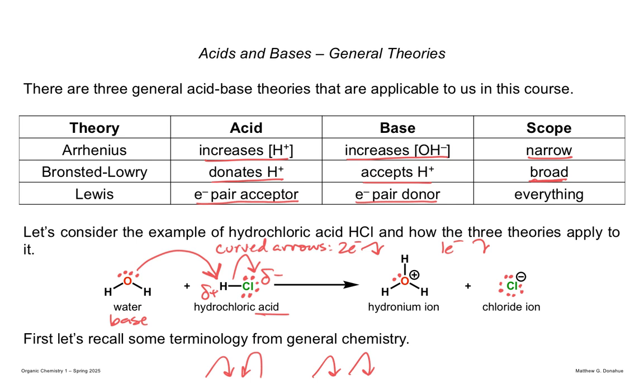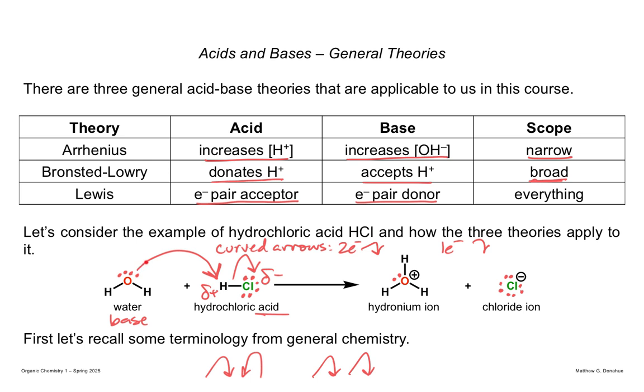If we look at those three definitions, the arrows that I just drew are validated by all of those. So the acid, in the Bronsted sense, it's donating its H. The water is accepting the H. In the Lewis sense, see this electron pair?